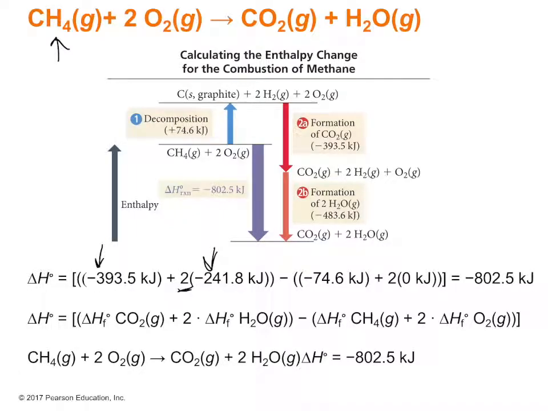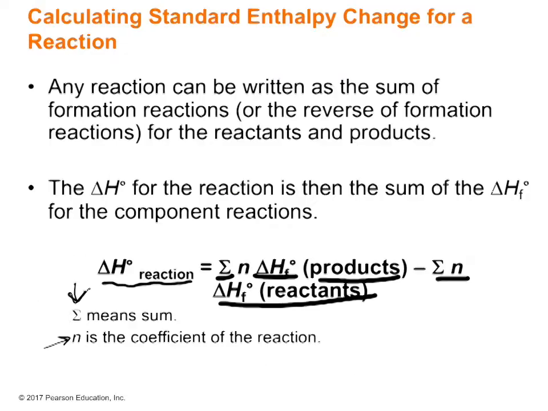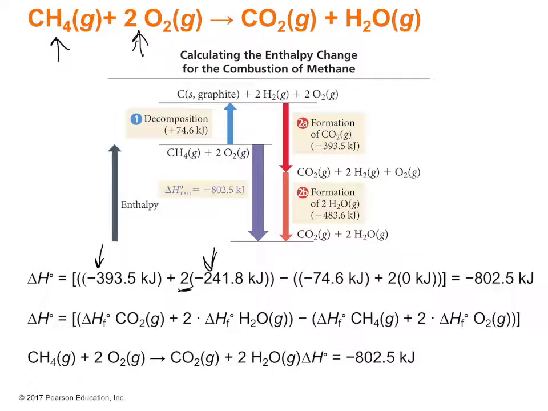And then here, there's a 2 oxygens, delta H of oxygen, minus, because if you look back at our formula, it's going to be a minus sign, minus the delta H for carbon dioxide and the delta H for water. And so that gives us negative 802.5 kilojoules.